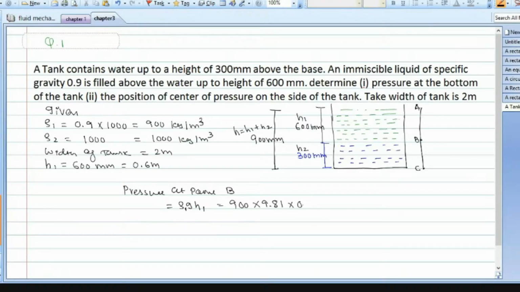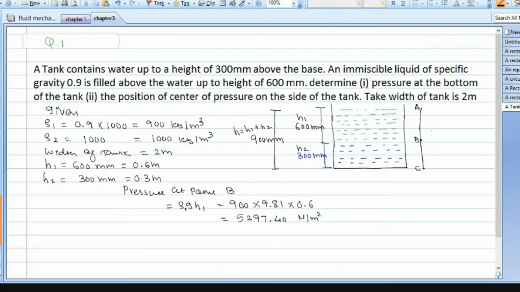Similarly H2 is given as 300 millimeter, which becomes 0.3 meter. So the answer of rho 1 G H1 we get is 5297.40 Newton per meter square, because this is the intensity of pressure.